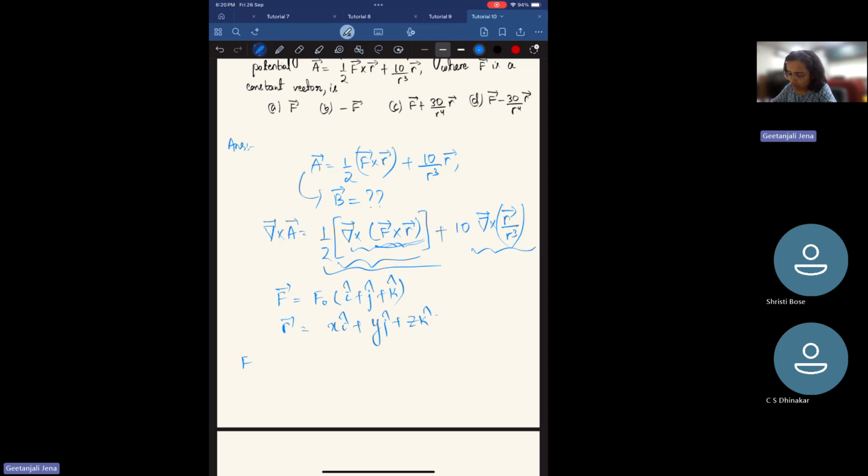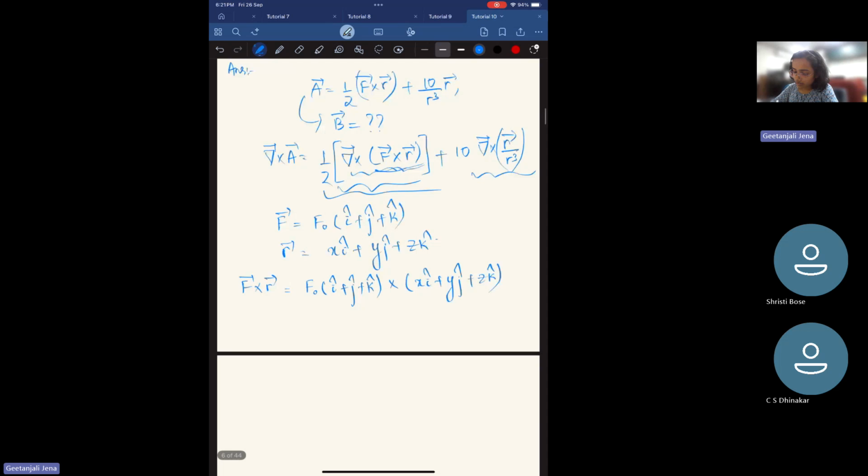So that means F cross r will be F0 (i plus j plus k) cross (x i plus y j plus z k). Take the cross product.